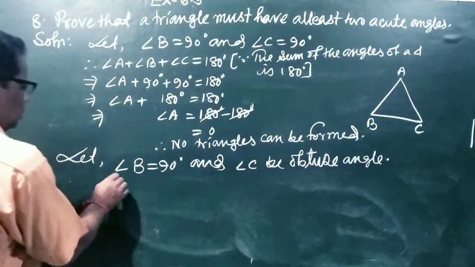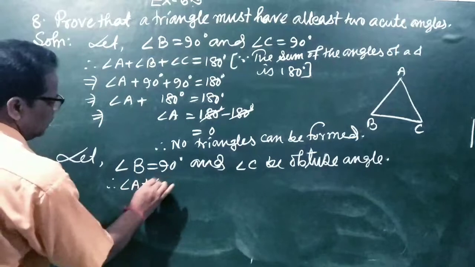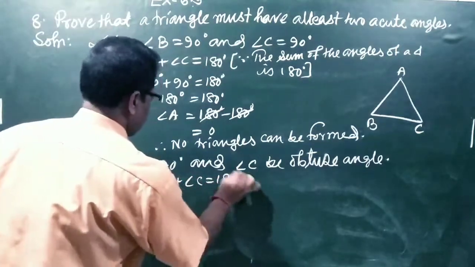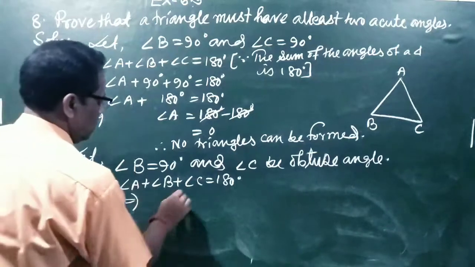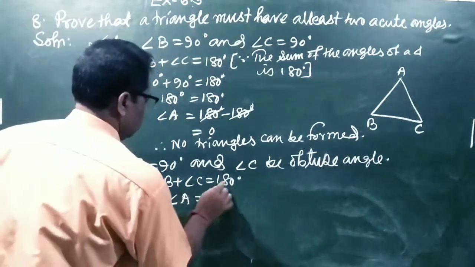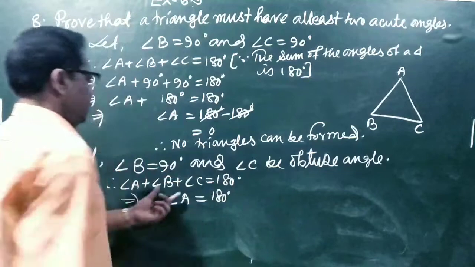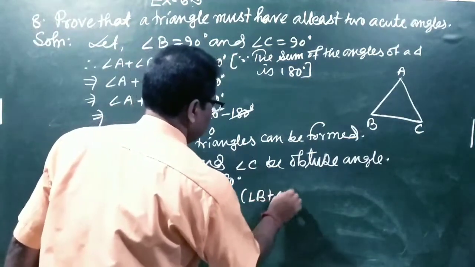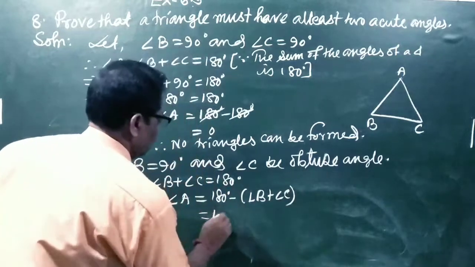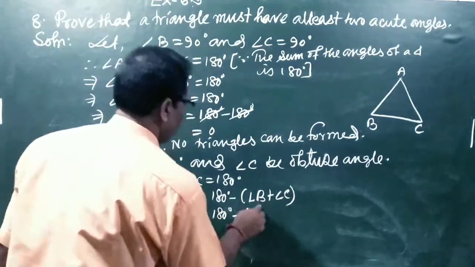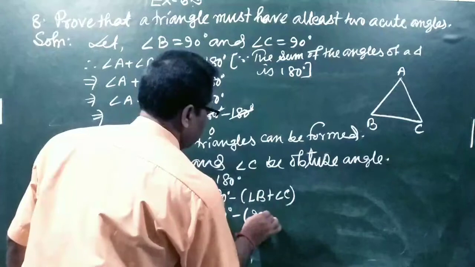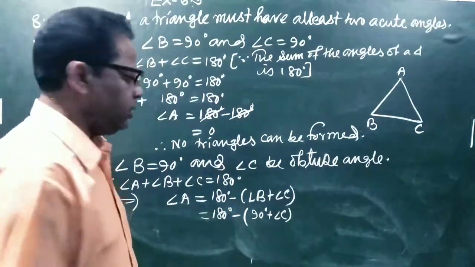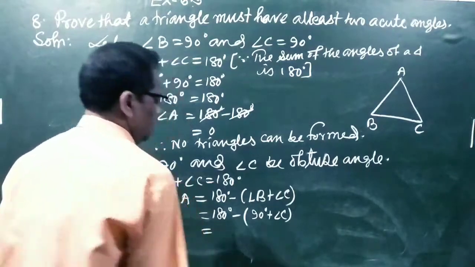Therefore, in this case also angle A plus angle B plus angle C is 180 degrees. Therefore, the value of angle A will be 180 minus angle B plus angle C, transferring B and C to the right side. So it is 180 minus angle B, 90 degrees, plus angle C, which is more than 90.